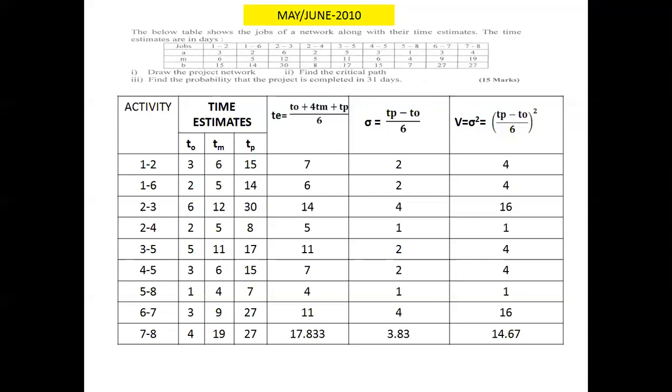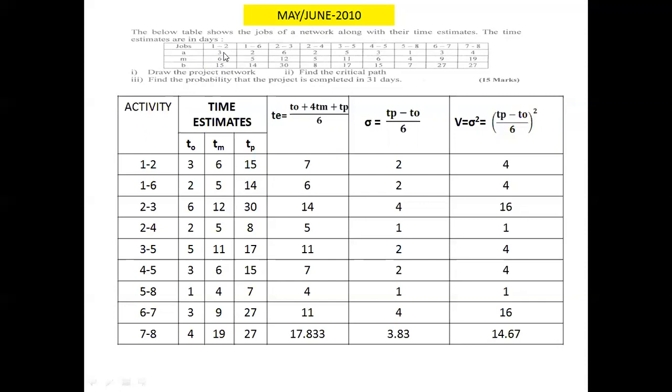Sometimes in the problem it is given as TO, TM and TP, or as A, B, C, or sometimes they just give the time estimates as 3-6-15. Then based on our knowledge of the pessimistic, optimistic and most likely time, we have to identify them.